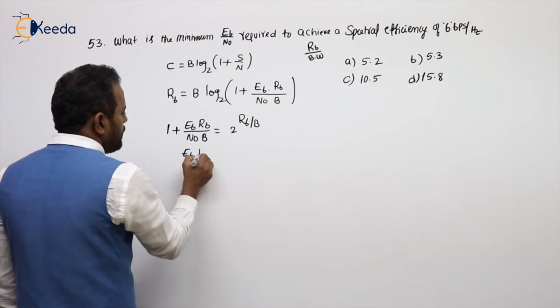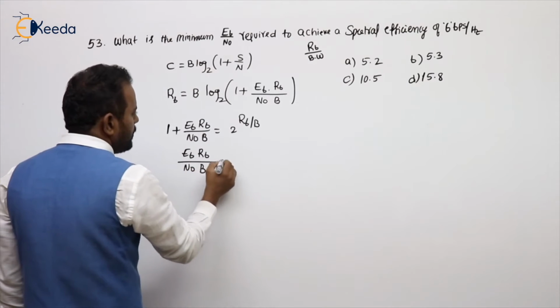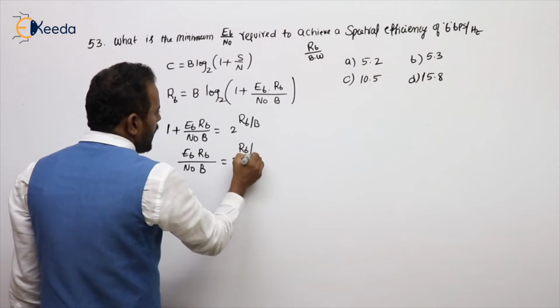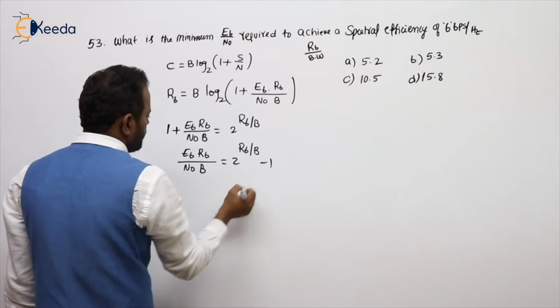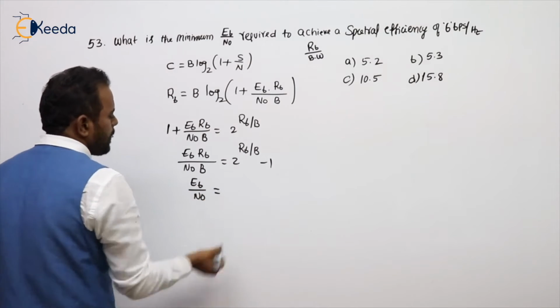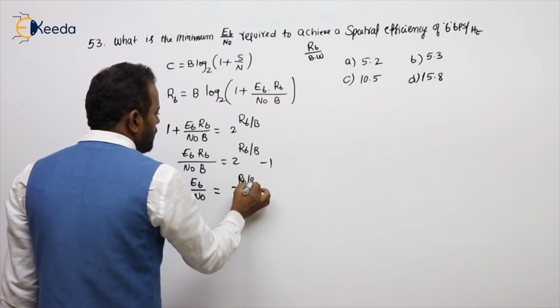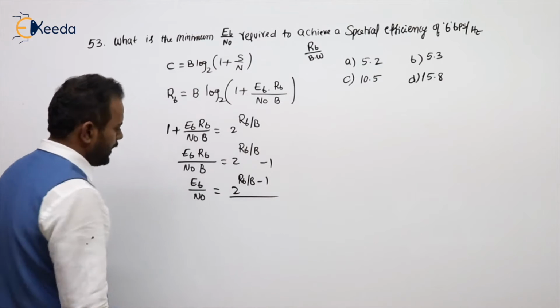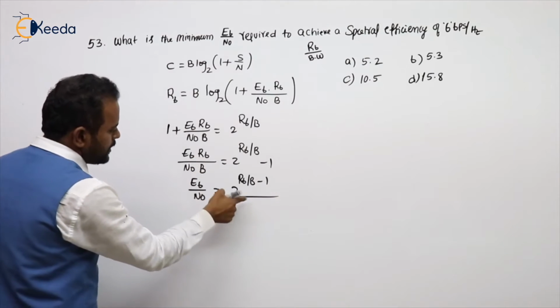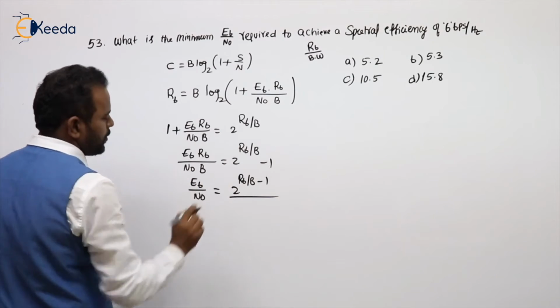So Eb Rb by N0 B equals 2 power Rb by B minus 1. Then what is Eb by N0? Eb by N0 is nothing but 2 power Rb by B minus 1 divided by, this comes in the numerator, numerator will come in the denominator, denominator will be in the numerator.